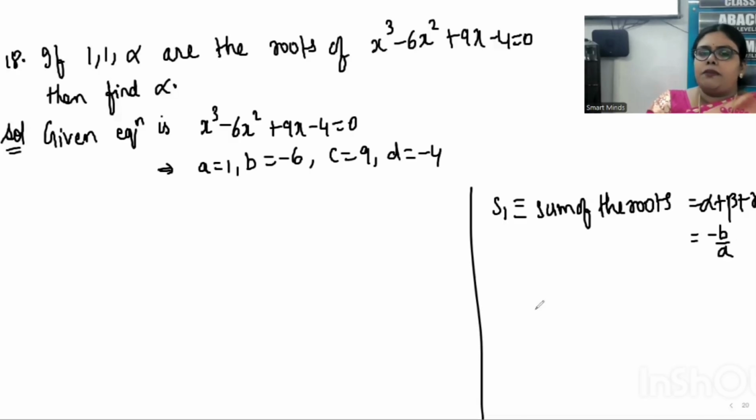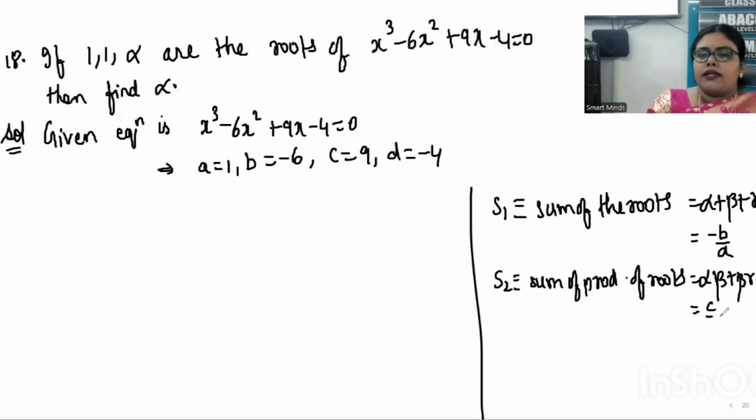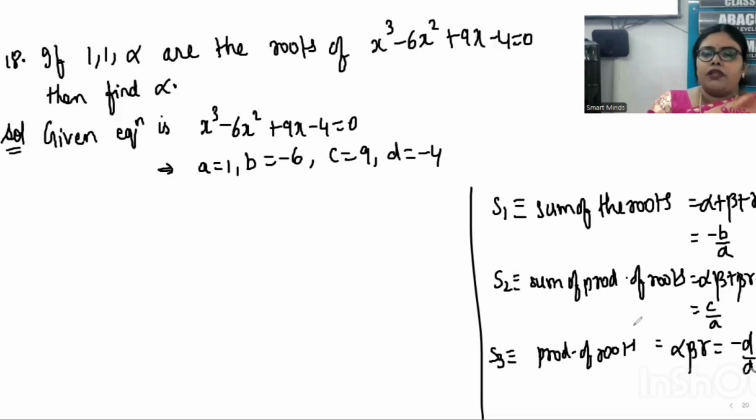The formula is minus B by A. Then the sum of the product of the roots is denoted by S2, that means alpha beta plus beta gamma plus gamma alpha. That is C by A. And then the product of the roots is denoted by S3, that is alpha beta gamma, and its formula is minus D by A. These three formulae will be used in AP and GP problems also. So make a note of it.